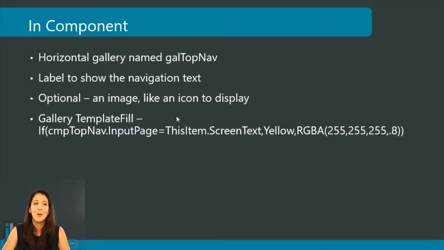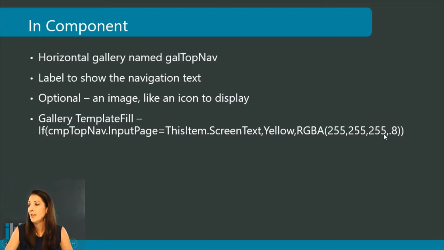Okay, in the components, this is that component we just created. So we're in the little component interface. I'm putting a horizontal gallery in there, put a label. You saw me do that. Now, another thing we can do, which we might do towards the end if we have time, is put something cute like a little icon for each thing we're navigating to. And then this is the part right here, this template fill. This is the part that's showing it a different color if we are on that screen, so whatever screen we're on, like I showed you, it lights up yellow.